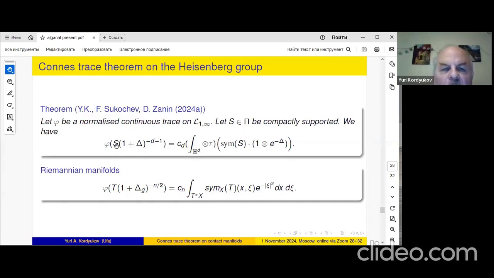We take any pseudo-differential operator S, but because we are in a non-compact situation, we should consider operators compactly supported in X. And then we can prove this formula. So phi of S, for any normalized continuous trace on L1 infinity, this value is finite and equals to what? Here you see the classical formula as I explained before.